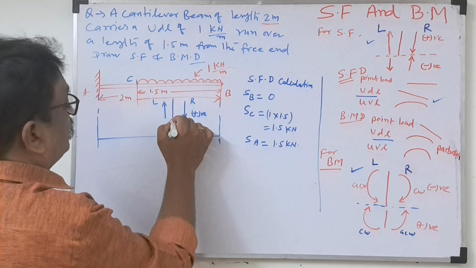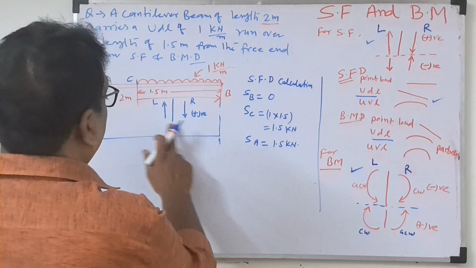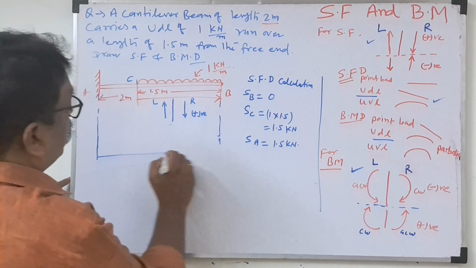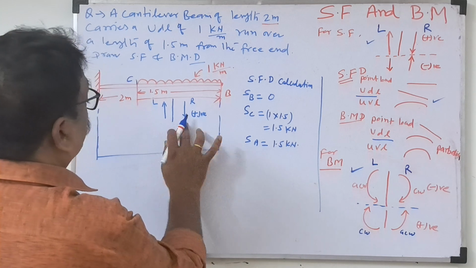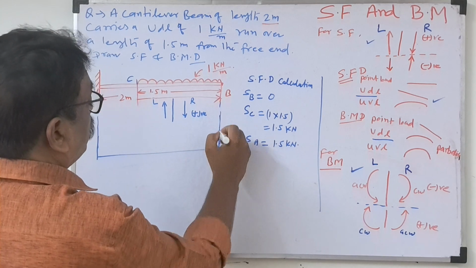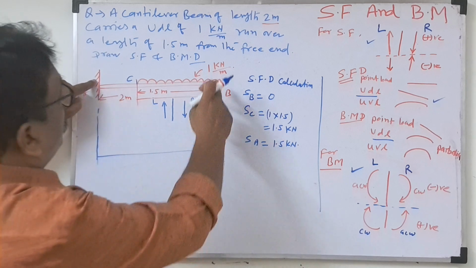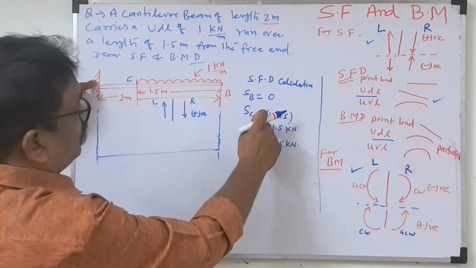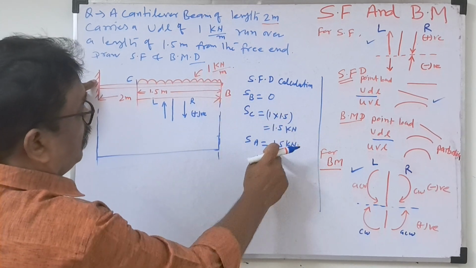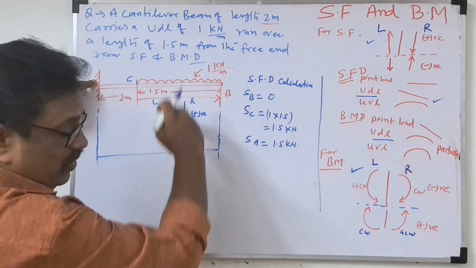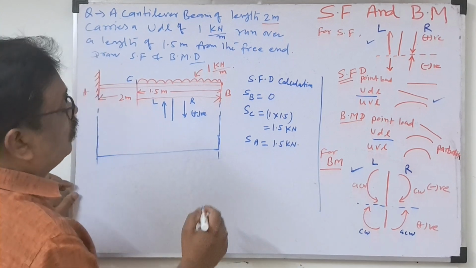This is the section. A little below, draw the zero line, and we will draw the shear force diagram. From the right side, the shear force at C is positive and at A is positive, because a downward force is positive, and this force acts vertically downward. Now how do we draw the shear force?